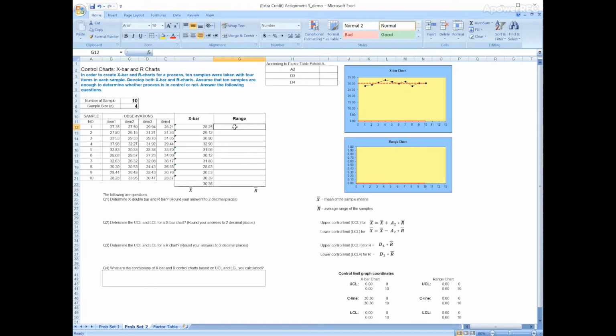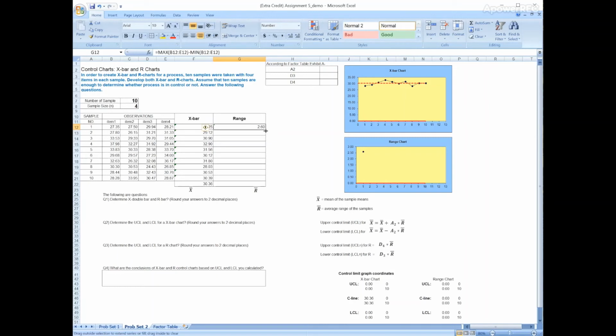Next, R bar is the average of the measurement differences, where R is the difference between the highest and the lowest measurement in each sampling order. To do that, we can use the max and min functions in Excel. The difference between the highest and the lowest measurement in sampling 1 is 2.6.